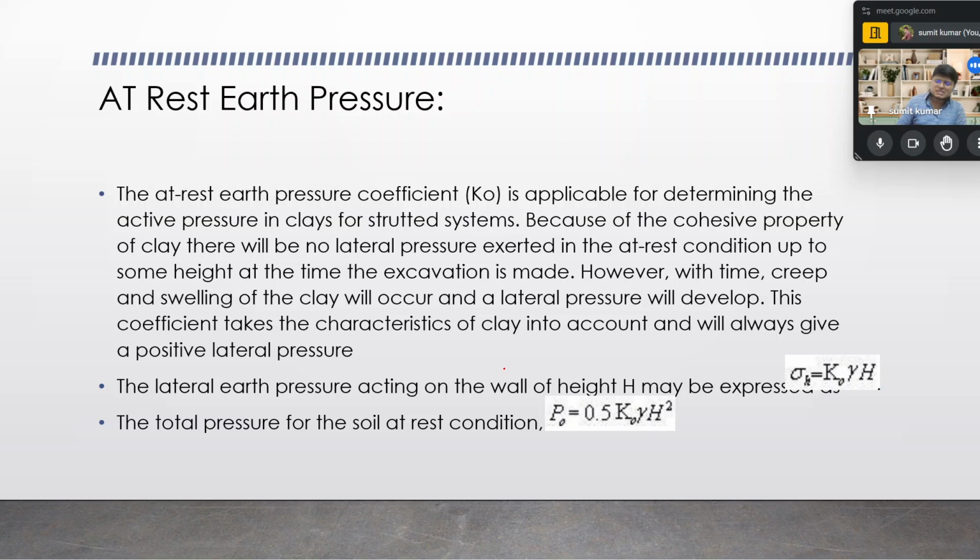This coefficient takes characteristics of the clay into account and will always give a positive lateral pressure. Because over here we are using only the term 1 minus sine phi or mu by 1 minus mu, the value of sine phi always varies between 0 and 1. So when we say 1 minus sine phi, it is never negative, and when we say the second term mu by 1 minus mu, mu is also constant, and 1 minus mu is also always less than 1 for these cases.